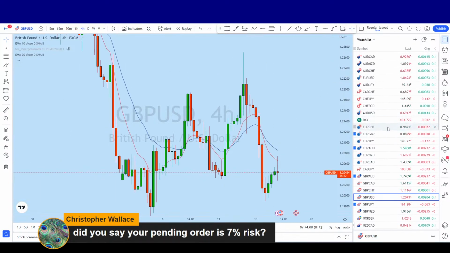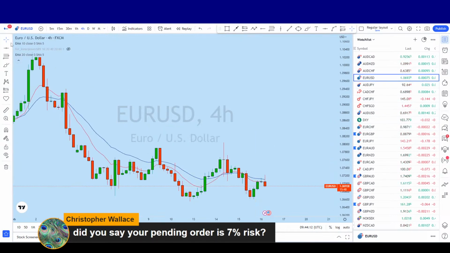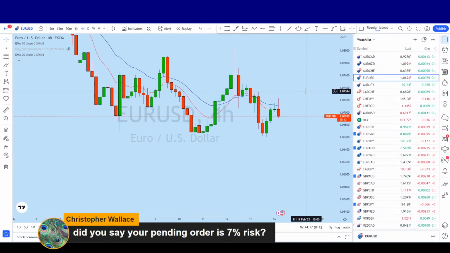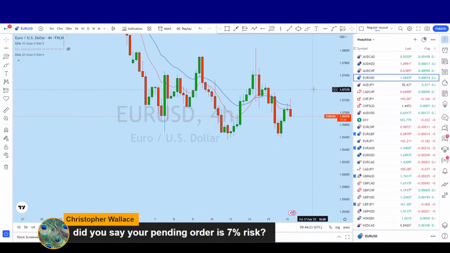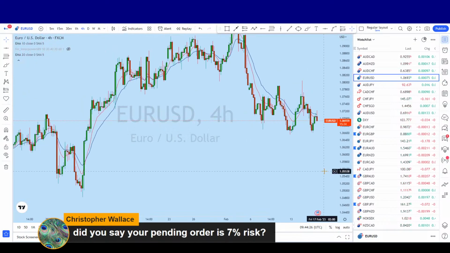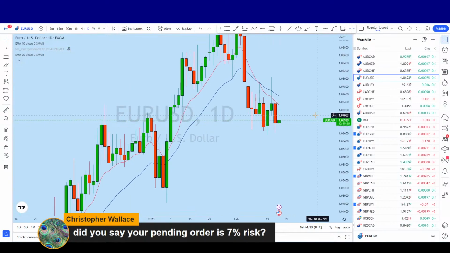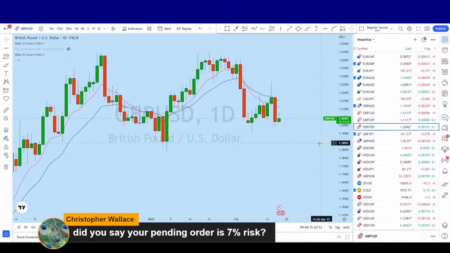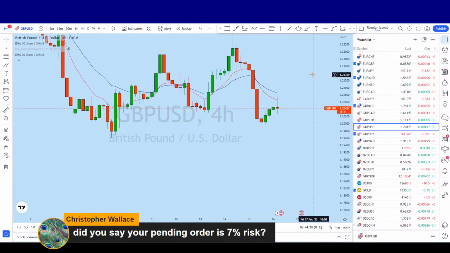So looking at Euro USD again. Okay, with Euro USD, and with GBP USD, what I think is that the market is preparing for a drop.